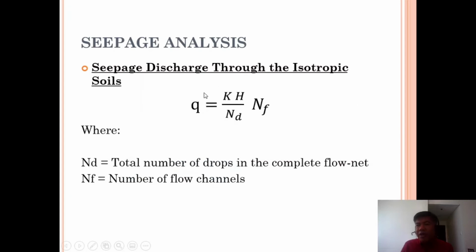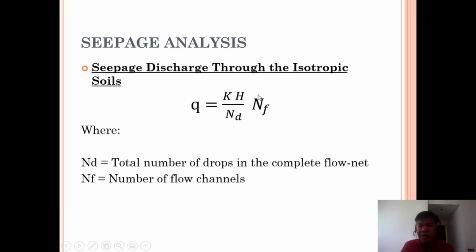So here are some of the formulas. Seepage discharge through isotropic soils: when we talk of isotropic soils, the permeability in both the horizontal and vertical directions is the same. That's why you only have one value of K here. The seepage Q can be calculated with this formula, using the total number of drops in the flow net from the previous slide, and the number of flow channels, NF.